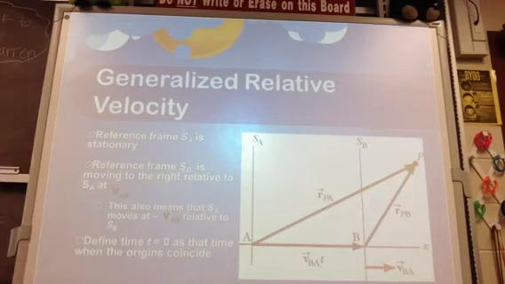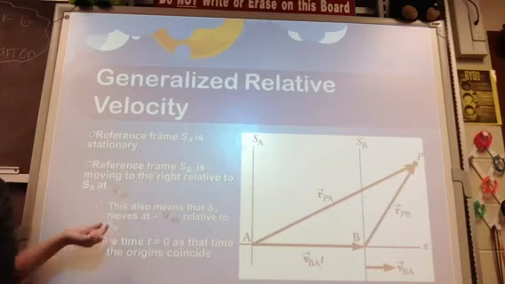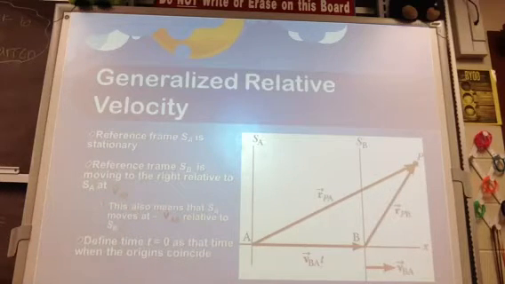So how do I read that? When I have two letters denoted there, the first subscript represents what is being observed, and the second subscript represents who is doing the observing.